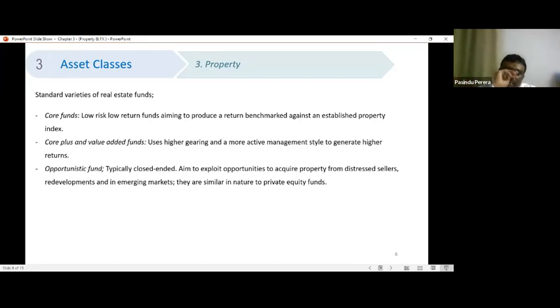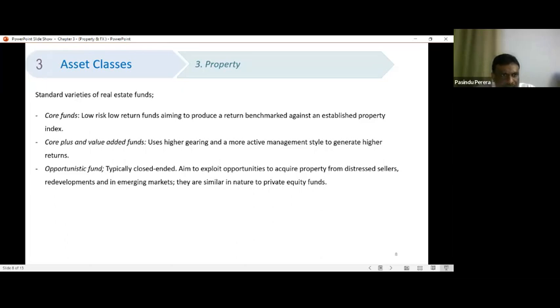So same thing: you acquire properties at a distressed price from distressed sellers, then you redevelop the property into a new level, and then sell it at a very high price and get a fantastic capital gain. So that's the opportunistic fund.